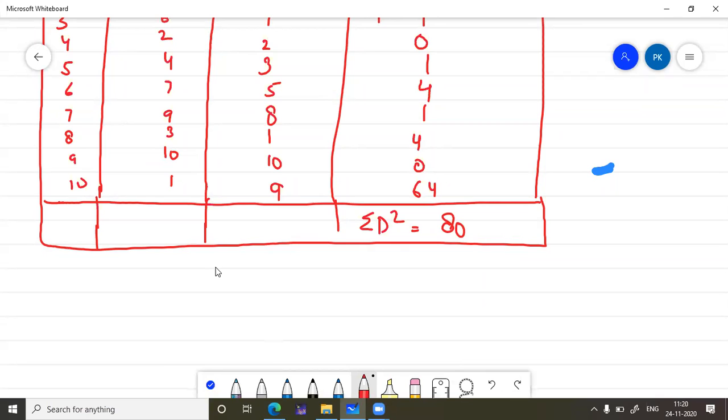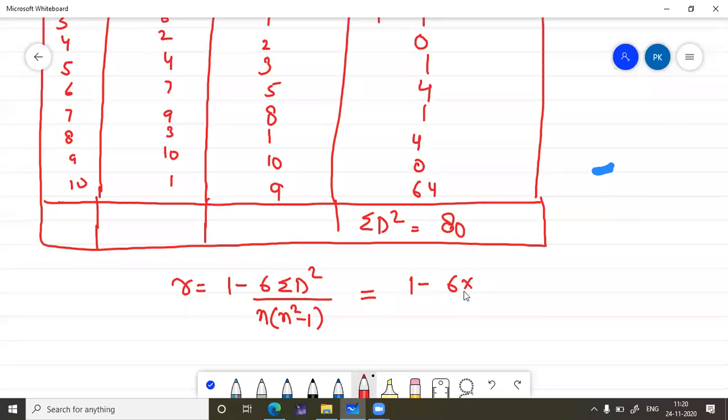Yes, ma'am. Now the formula is R is equals to 1 minus 6 summation of D square divided by n square minus 1, and it's equals to 1 minus 6 into 80.